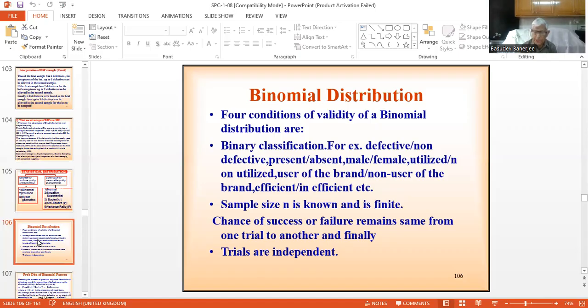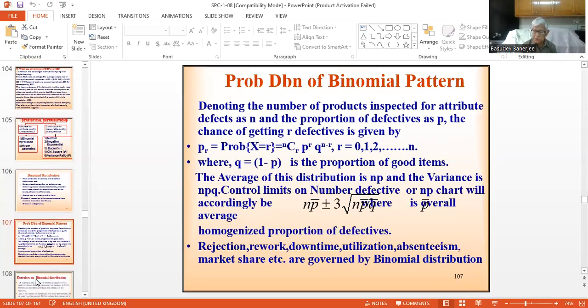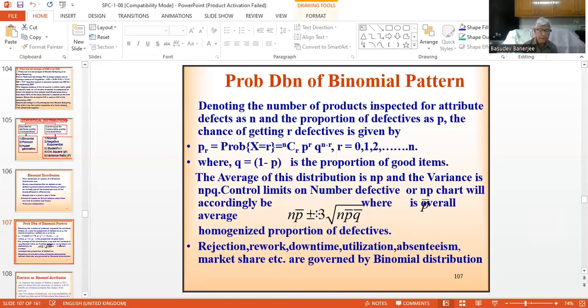When the sample size is n, the number of defectives can be 0, 1, 2, 3, up to n. So n plus 1 values. The distribution is probability x equal to r is nCr p to the power r, q to the power n minus r, with r running from 0 to n, where q is equal to 1 minus p.